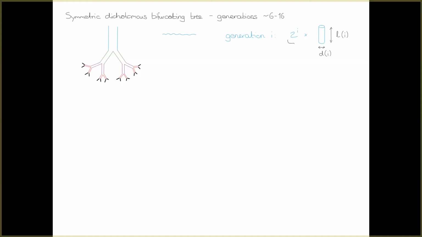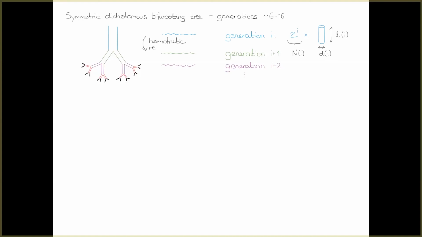And then we have already seen that the volume can be calculated very easily, assuming this is a cylinder. Then of course at the next generation, we have a shorter length and a smaller diameter, but we have, of course, more of them. So N increases and that goes on like that.